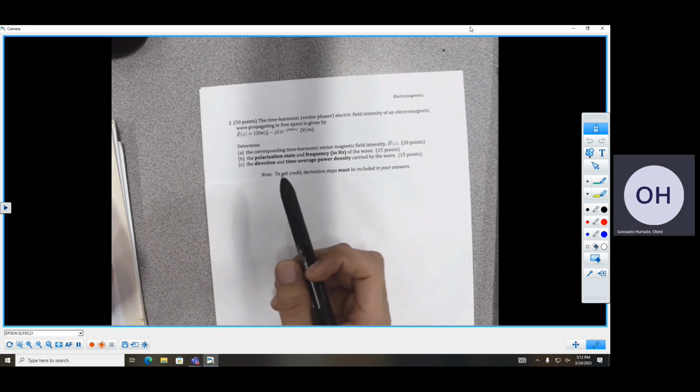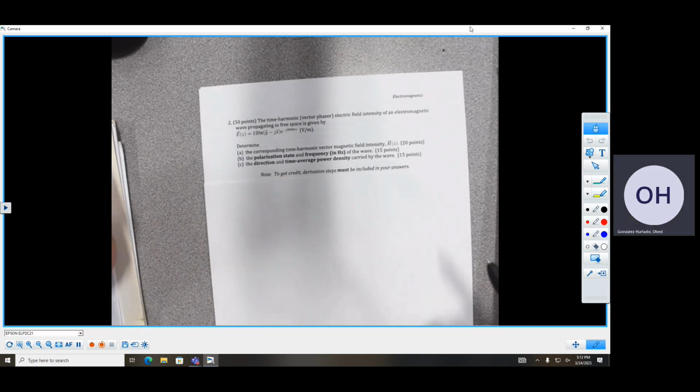That is the only criteria to use that equation, which was, let me see if I can find it.